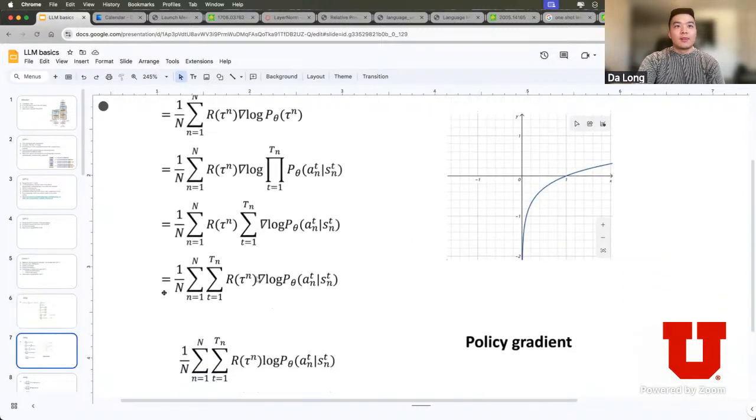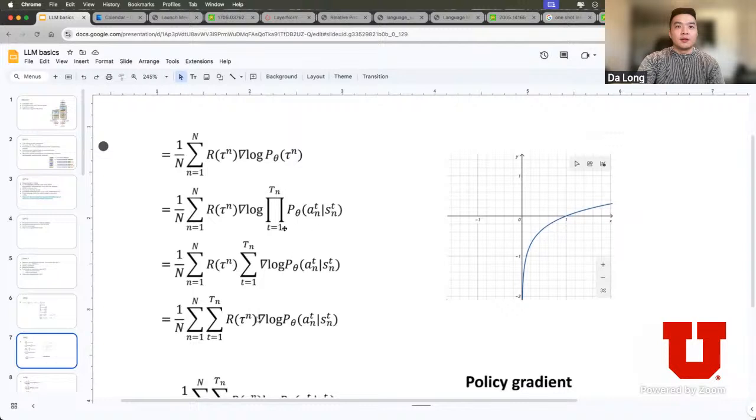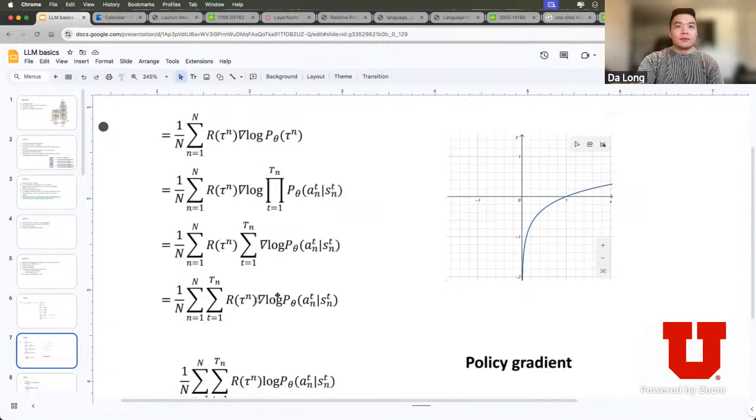Because we predict the sequence in an autoregressive way, you can decompose the probability of the trajectory into a series of multiplications, from t equal to 1 to big T, and for each trajectory, each small n.